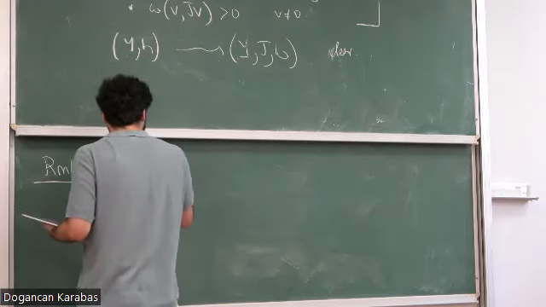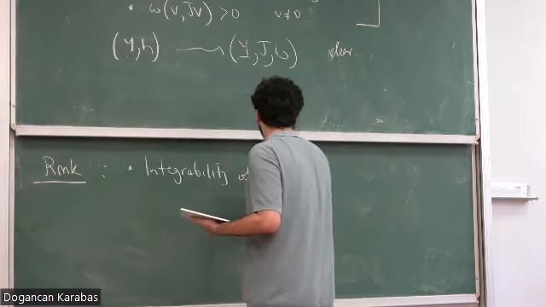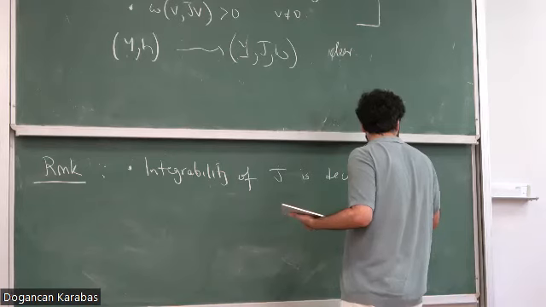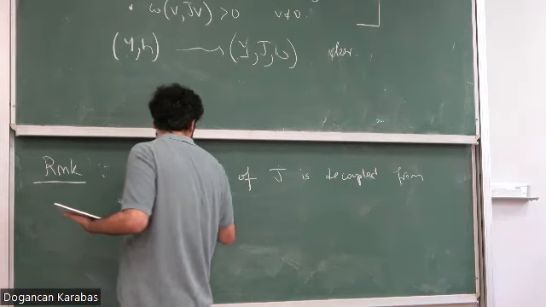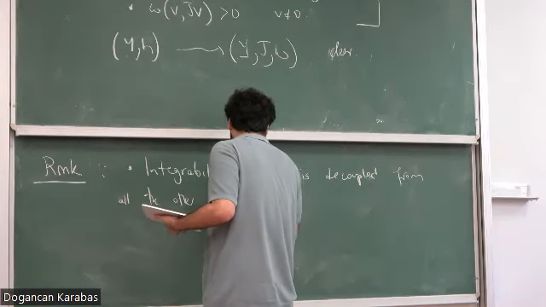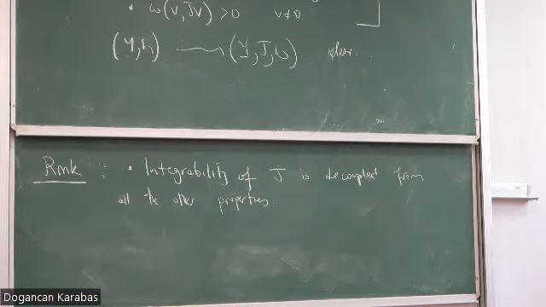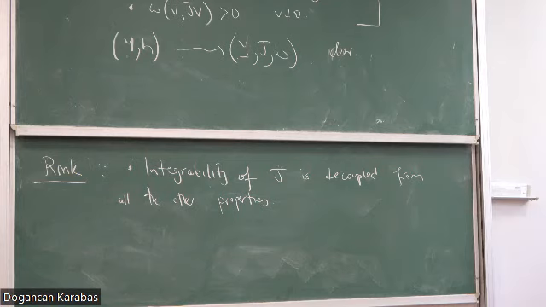So again, integrability of J is decoupled from all the other properties. Okay, so I could just have the same structures, Y bar, J, omega, and assume that omega and J combined in this way give me a Riemannian metric and so on, without J having to be integrable. So I can remove that assumption.